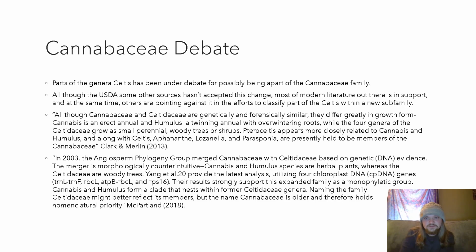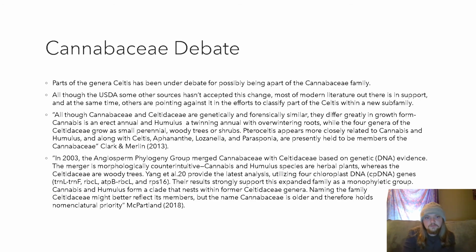Cannabis and Humulus species are herbaceous plants, whereas Celtidaceae is a woody tree. Some can be classified as shrubs, but they're mostly all trees. And Yang et al. provide the latest analysis utilizing four chloroplast DNA genes, and the results support this expanded family as a monophyletic group.